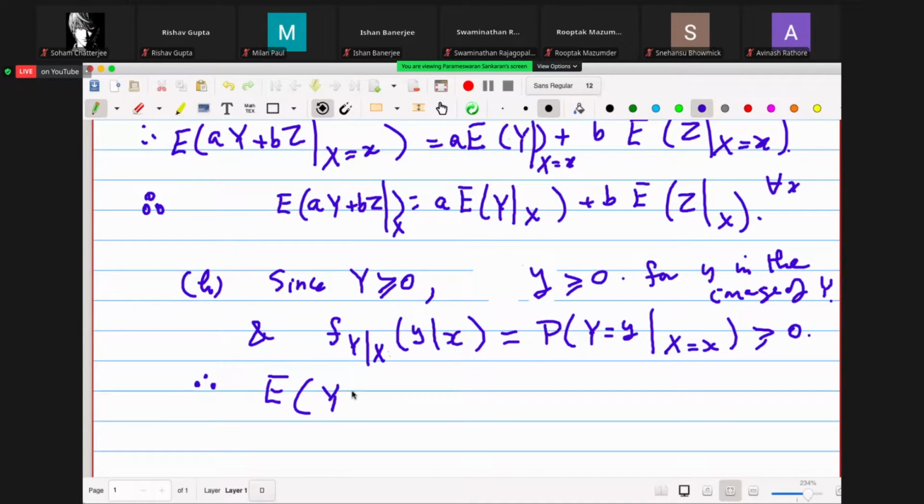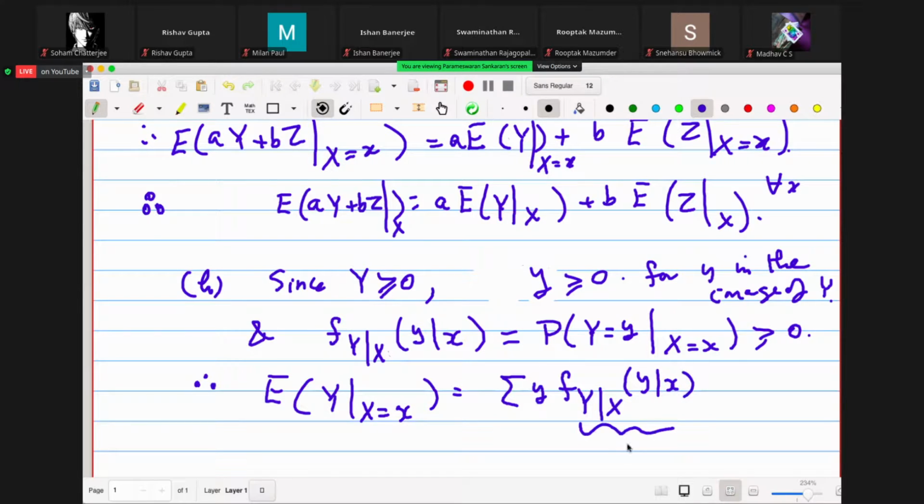E of y given x equals x is equal to the summation of y times f of y given x of y.